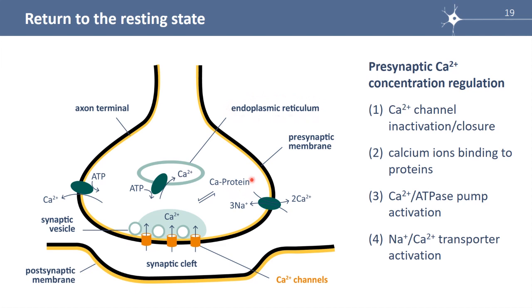And you have calcium binding proteins that bind calcium, and like that, calcium is no more active because the active form is the ionic form. All these mechanisms are called the clearance mechanisms for calcium ions. All this makes the increase in intracellular calcium transient, very brief, which means that neurotransmitter release is also brief.